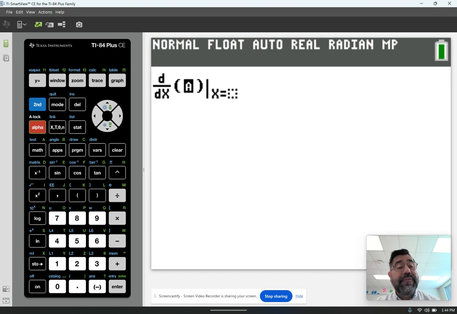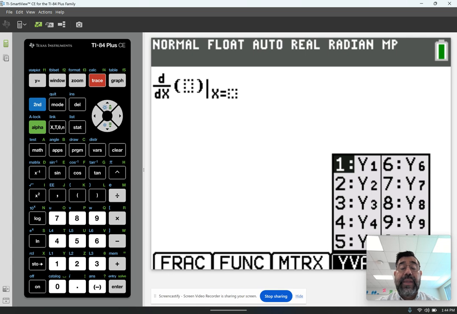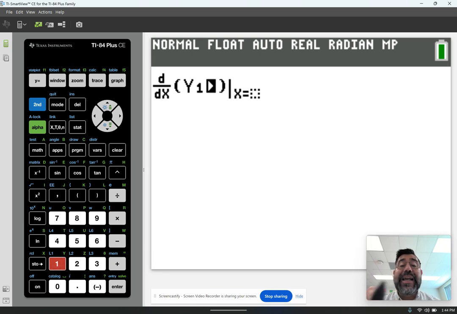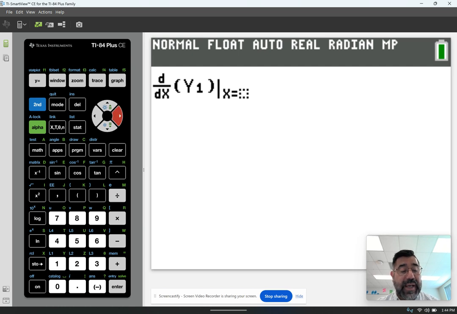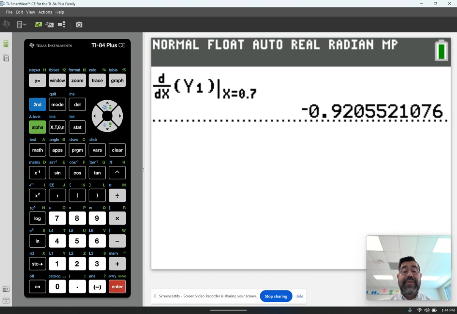So I'm going to do alpha trace, and then there's y1, option number 1, select it. And so now the calculator knows that you're going to take the derivative of the equation in y1, and we're going to do it at 0.7. Press enter, and there's our answer.